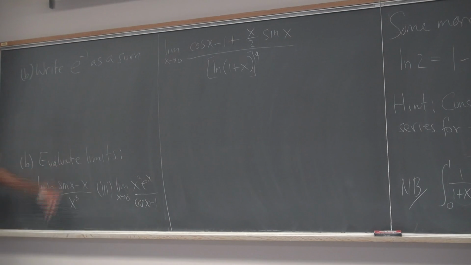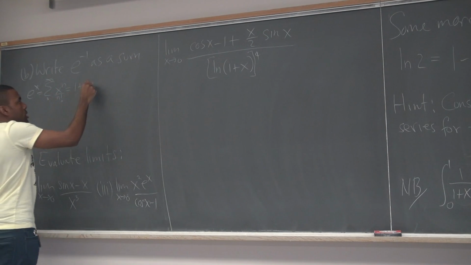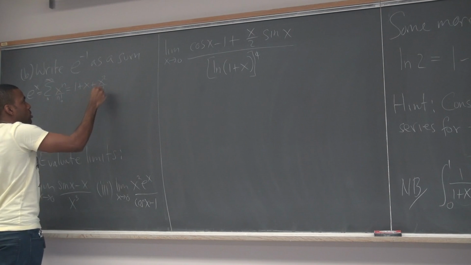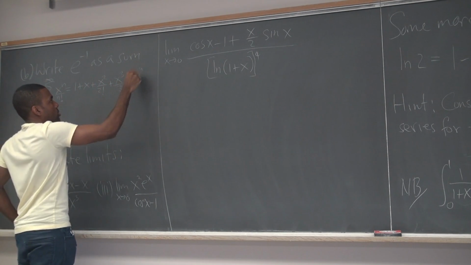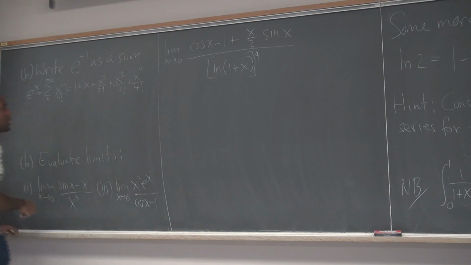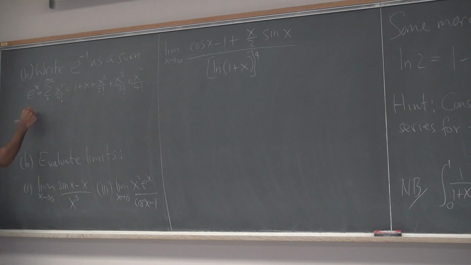E as a sum we actually know, so remember that e to the x is the sum from 0 to infinity of x to the n over n factorial, which is just 1 plus x plus x squared over 2 factorial plus x cubed over 3 factorial plus x to the 4th over 4 factorial, etc. So this means e to the minus 1 is, just plug in minus 1 for x.